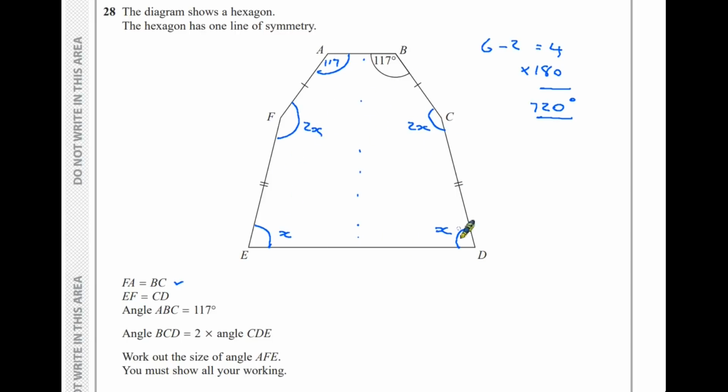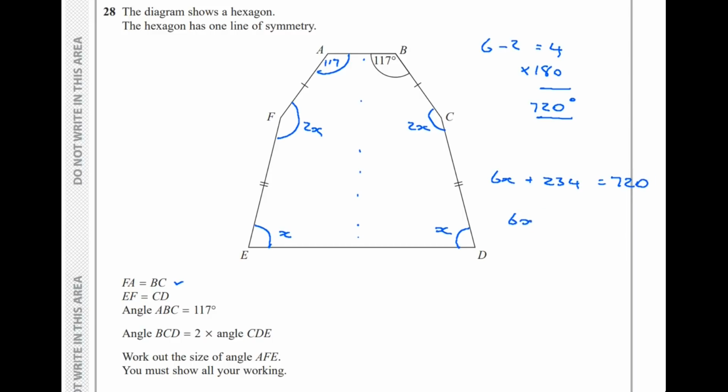So we know that all these internal angles add up to 720. So we have 117 plus 117, which is 234, plus 2, 4, 5, 6x. So 6x, that's adding all the other 4 angles together, plus the 234 at the top, all adds together to be 720.